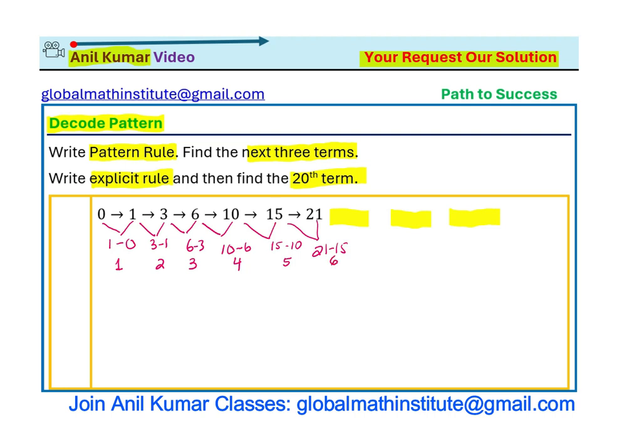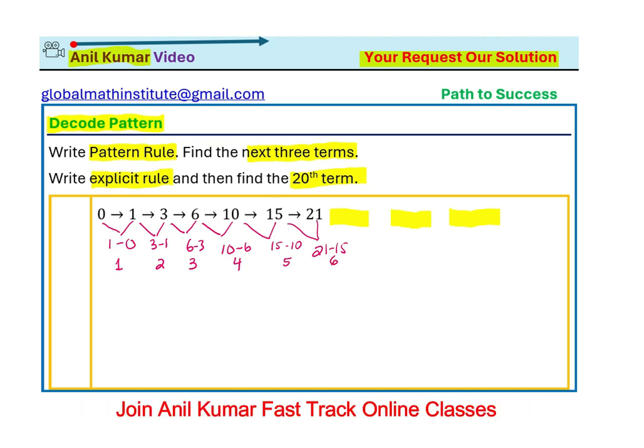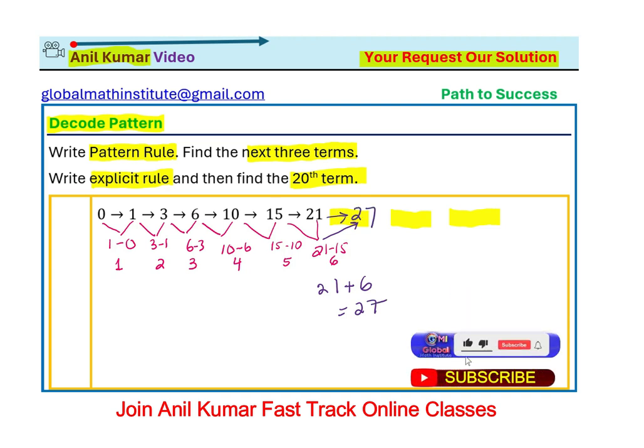So what should be the next term? To get this term, we add 21 and 6, so we get 27. You see that? So this term should be 27. We added 6. Next time, what should we do?